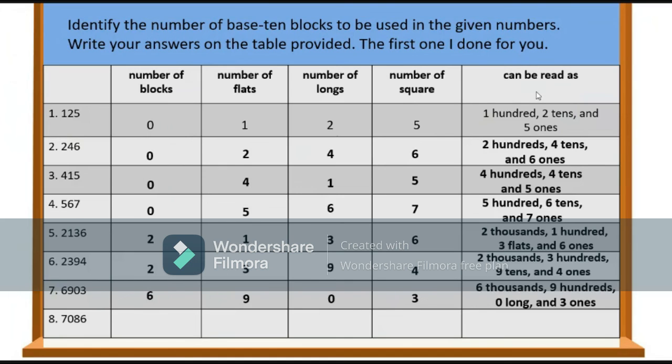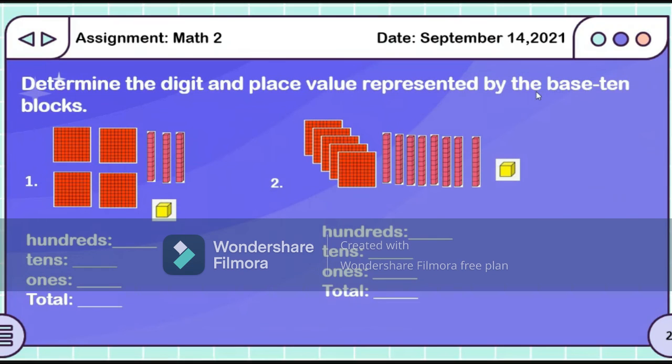And lastly, number 8, 7,086. So we have 7 blocks, 0 flats, 8 longs, and 6 squares. So we have 7,000, 8 tens, and 6 ones. Okay, so that's it.